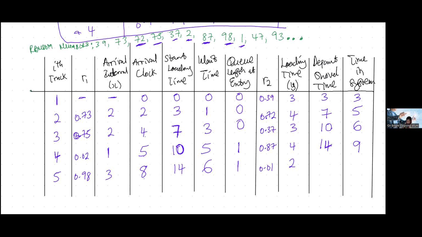It's going to take 2 minutes to load that track. If we start loading at 14, then 2 minutes later it will depart at 16. It arrived at 8, so 16 minus 8 is 8, and that will be the time in the system.